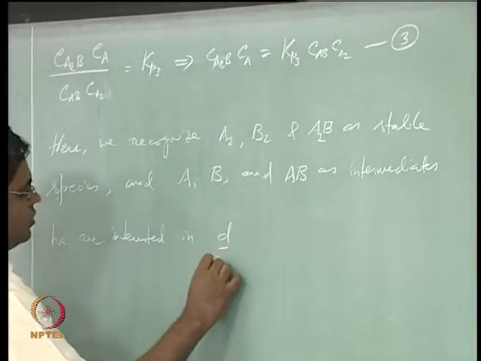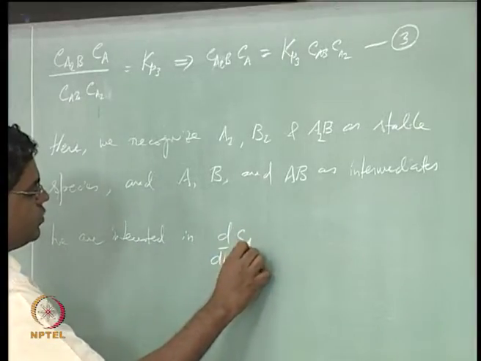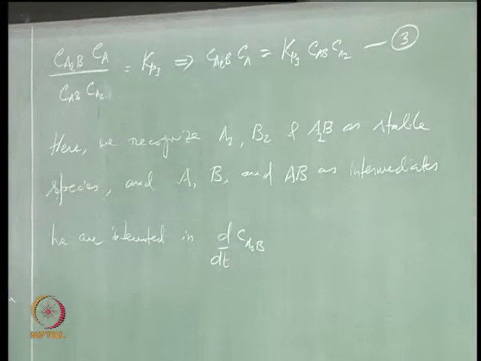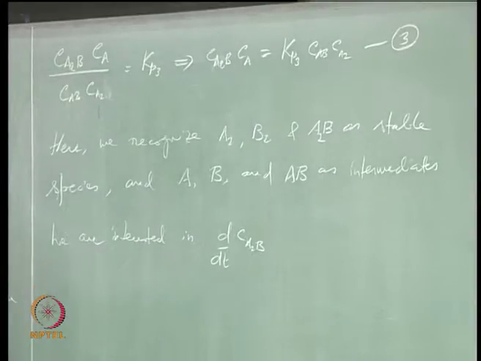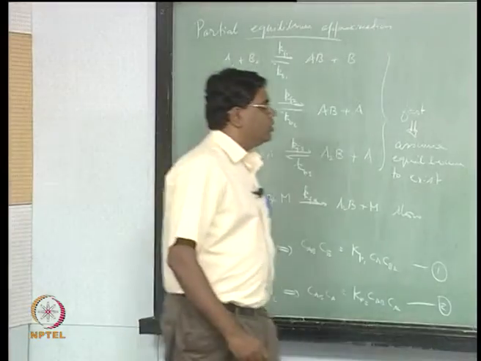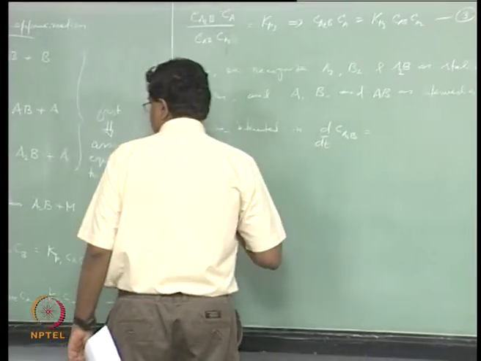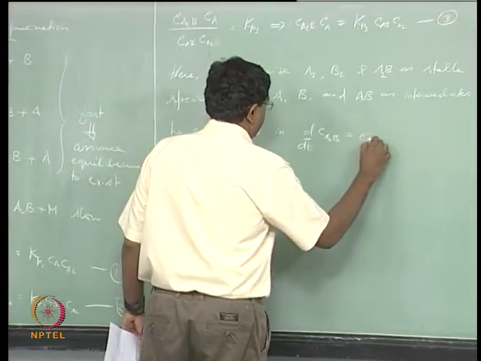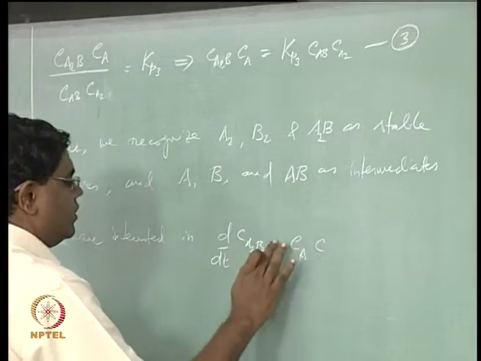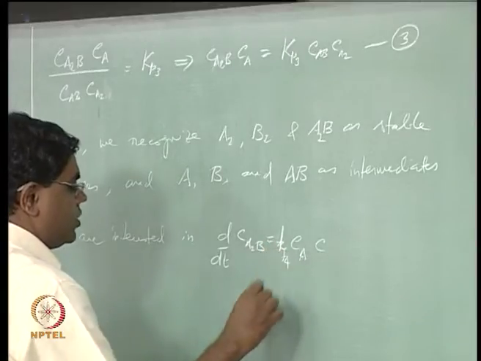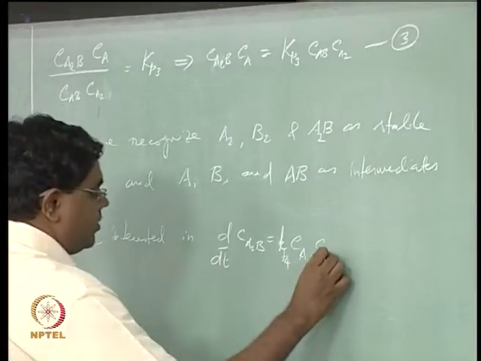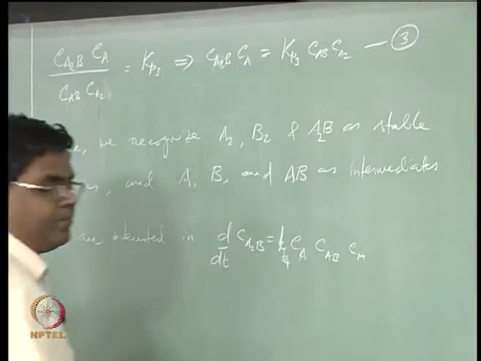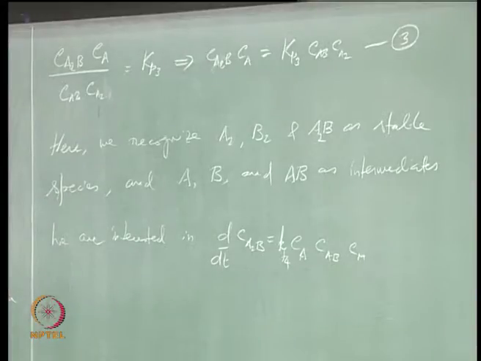We are interested in d over dt of concentration of A2B, that is the final product whose rate of production we are interested in, right. Now looking at the 4th reaction where this is being produced, we could write this as Kf4 times concentration of A times concentration of AB times concentration of M, right.